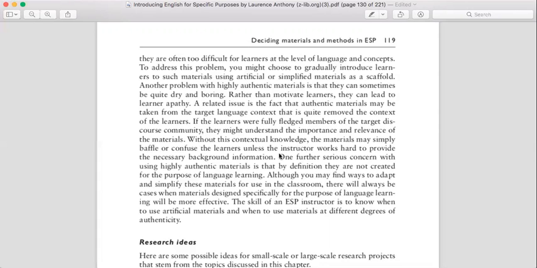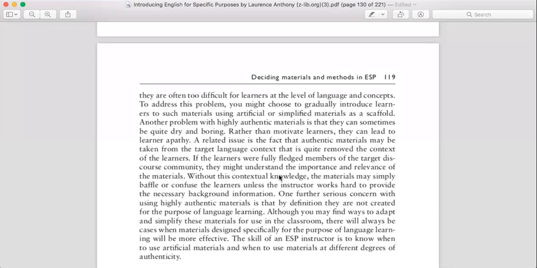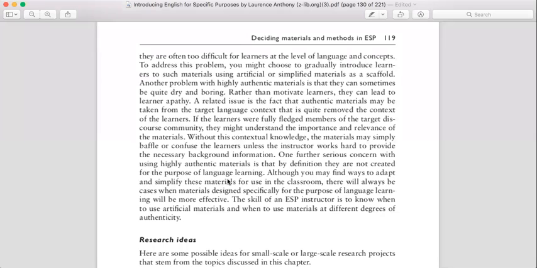Okay, so by the end of this chapter, which was deciding material and method in ESP, we came to know that all kinds of material can be brought into the classrooms for different purposes, but what you need to take care of is to use your expertise of the field, making use of the technology as well, to decide when to use artificial material and when to use authentic material in what proportion, and how to deal with them and how to align them with the proper methods.